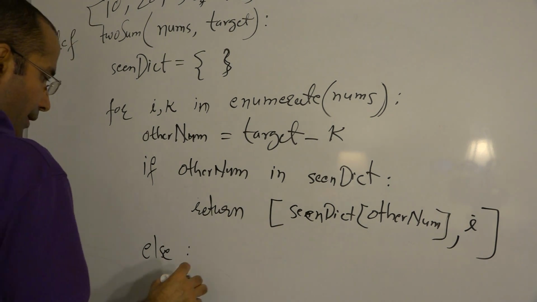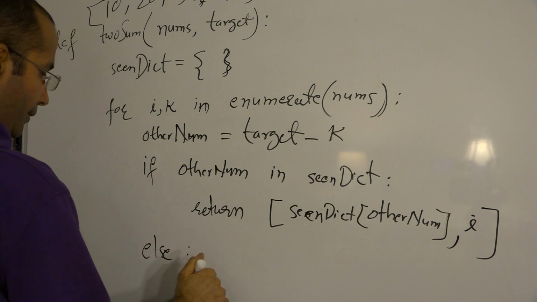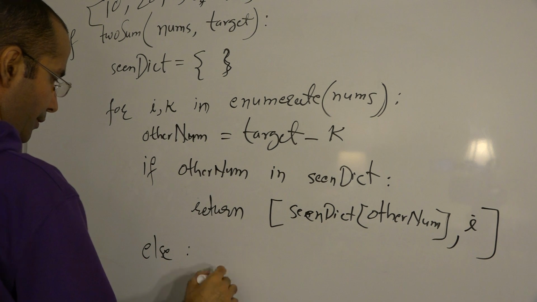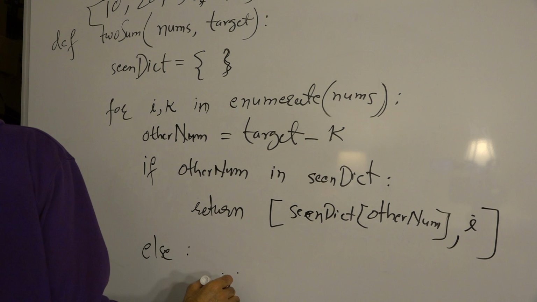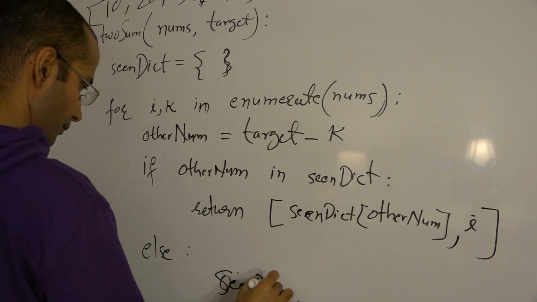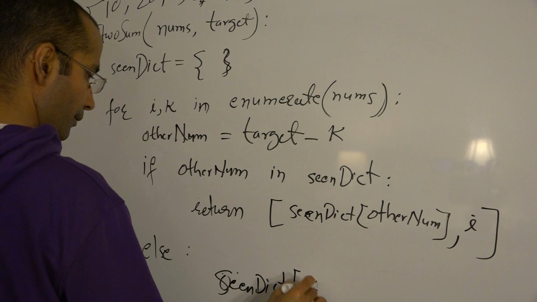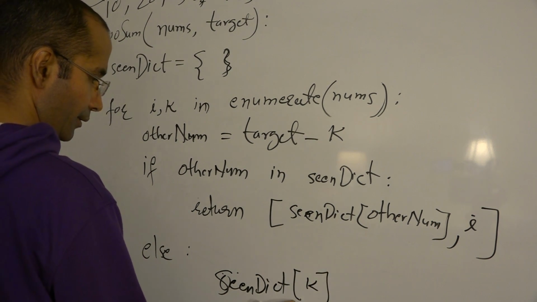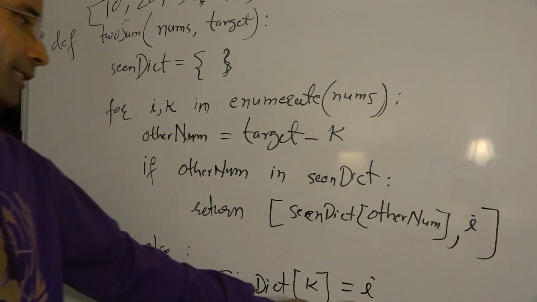So how we do that is: the other number, SIN dictionary, and k is equal to I. So the interesting thing here is we're not assigning this value.